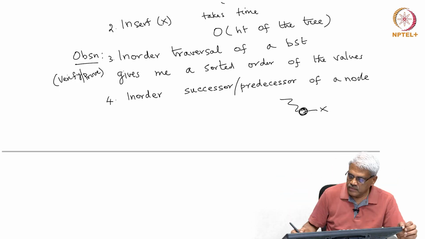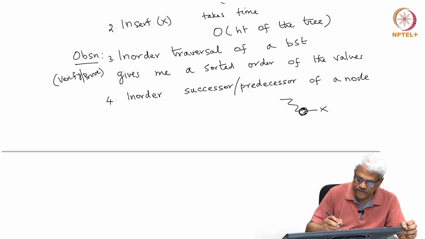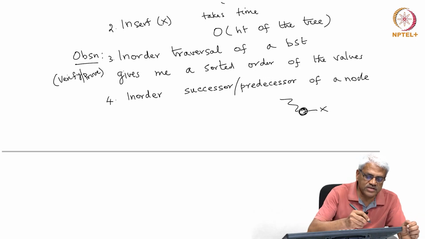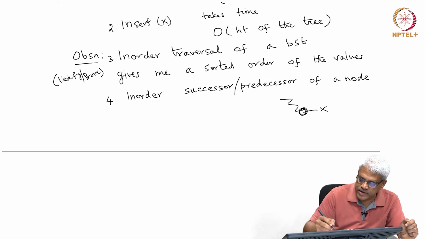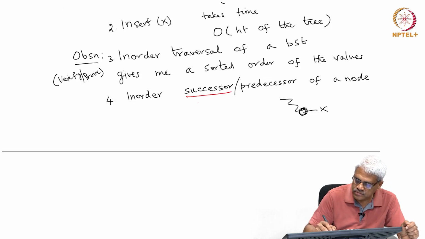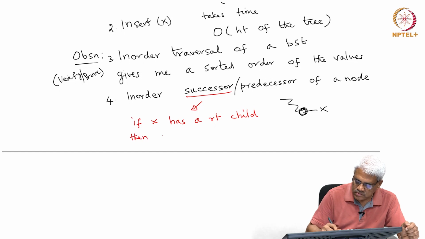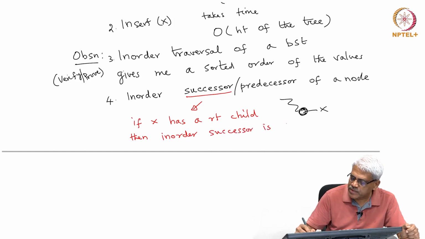How do I find that? It's easy to see, I'll just do it for the successor. If x has a right child, then the in-order successor is the smallest element in the right subtree.